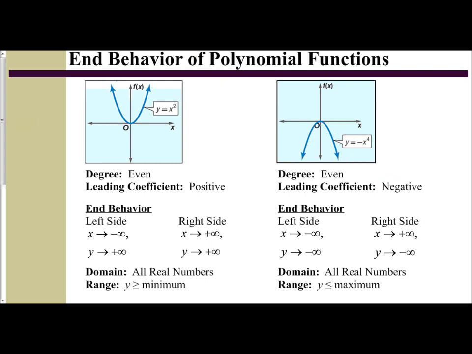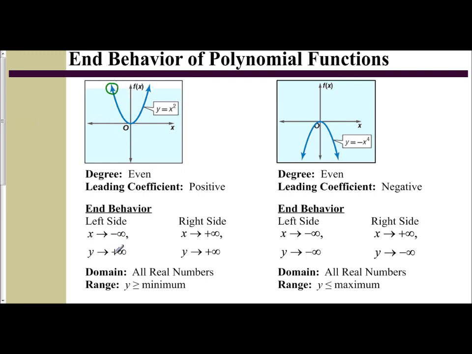Now, end behavior is a little interesting. For end behavior, you need to examine what's going on in the graph. How do the x values relate to the y values? If I look at my left side end behavior, so I'm focusing on this part right here, my x values are decreasing forever. So x is approaching negative infinity. And as your x values decrease, you notice the graph is rising up.